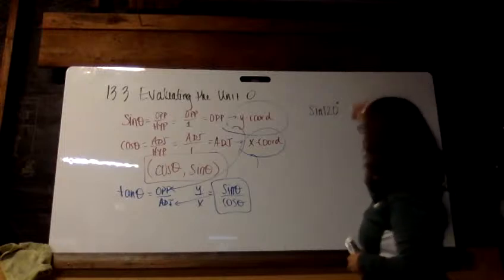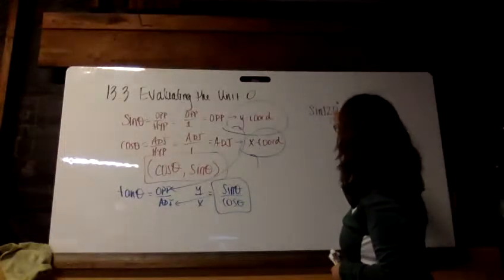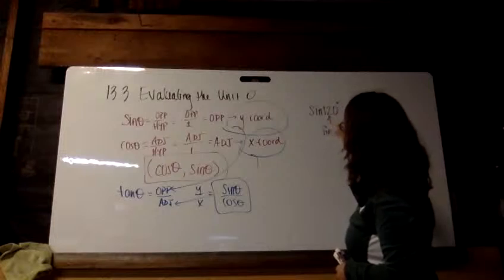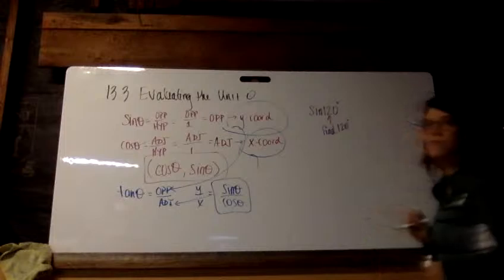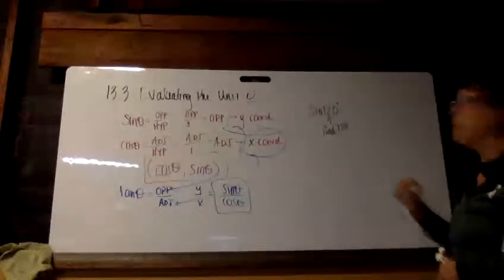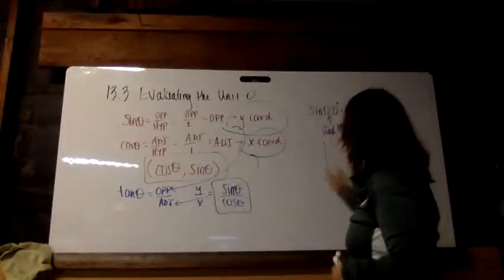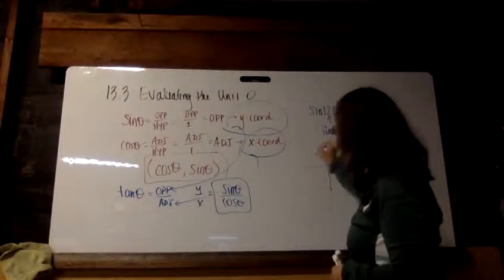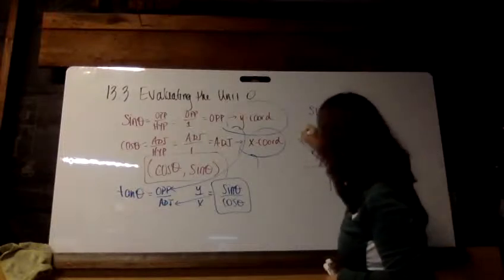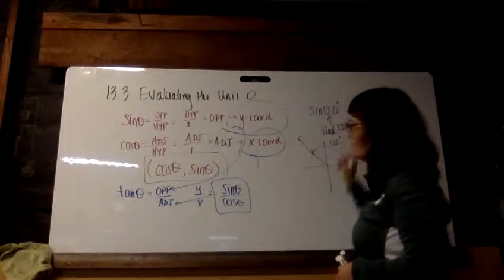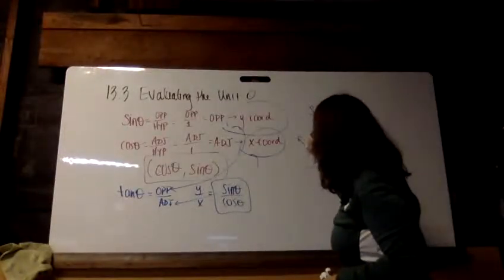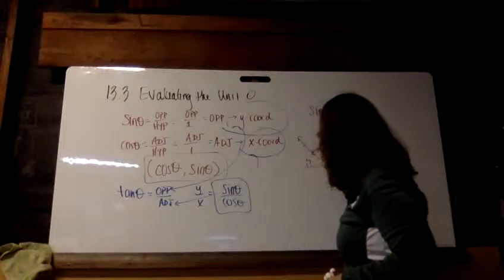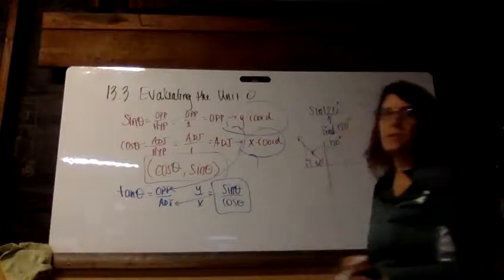So the sine of 120, the first thing I do is find 120 on the unit circle. You do not have to draw that out. Draw it in, your reference angle is 60 degrees.